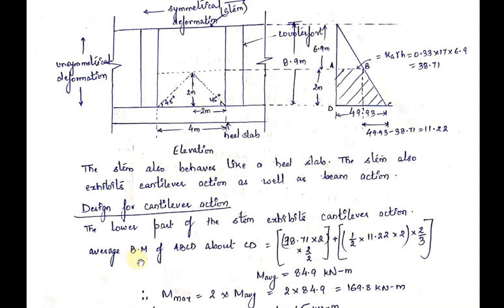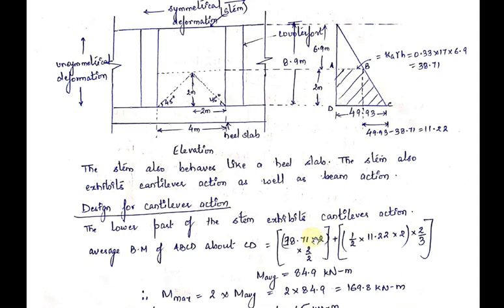So, the average bending moment of ABCD about CD will be as follows. First of all, convert this. If you see, this diagram can be broken into two parts: one is a rectangular part and the other is a triangular part. This rectangular part can be converted into force by taking its area. The area of this rectangle will be length into width, and the length we know is 38.71 and the width is 2.